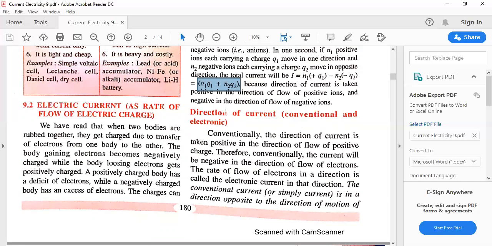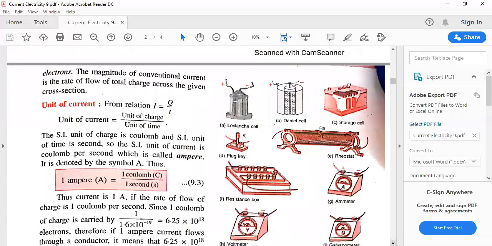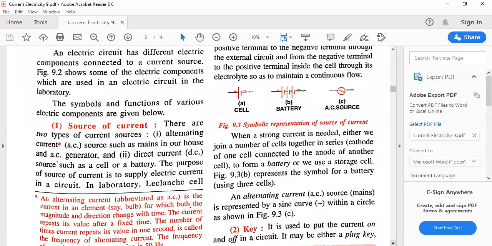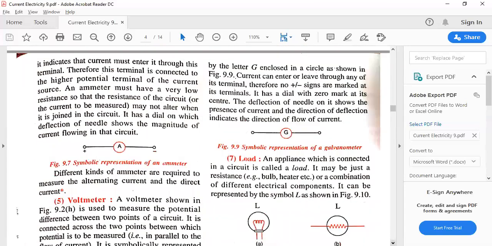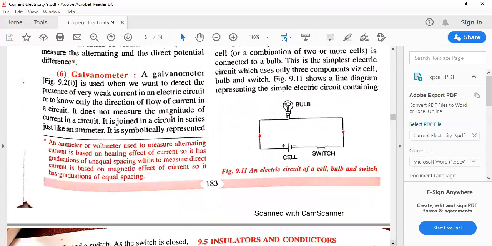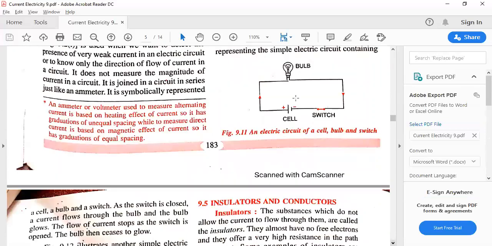Okay, so now this cell, plus means what? That means it is having a deficit of electrons.